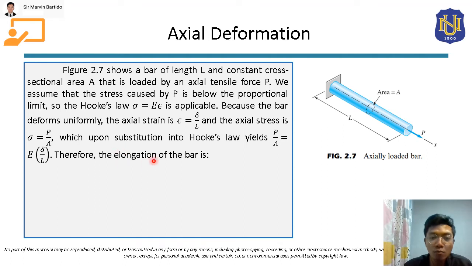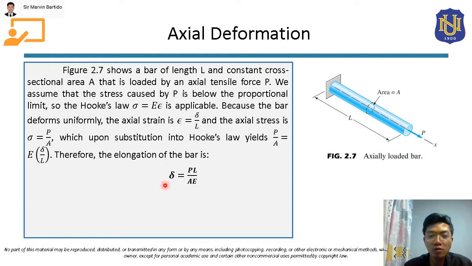And if you are going to compute that elongation from this formula, this will become PL over AE. We just manipulated this formula. If you're going to solve for delta, this L will be multiplied by P, and then this E will be multiplied by A, to solve for delta. So this will now become delta is equal to PL over AE.